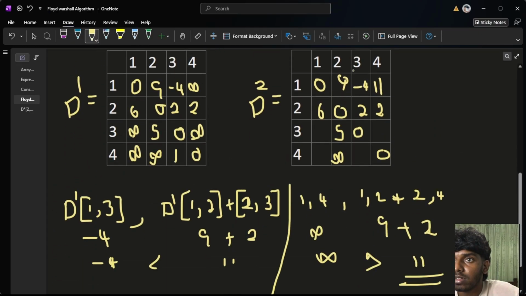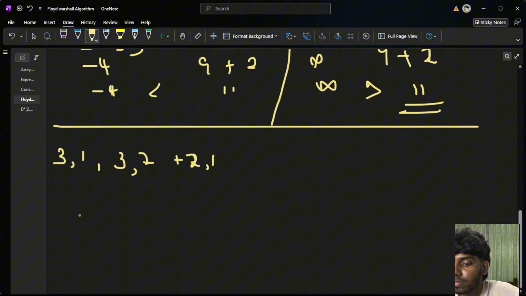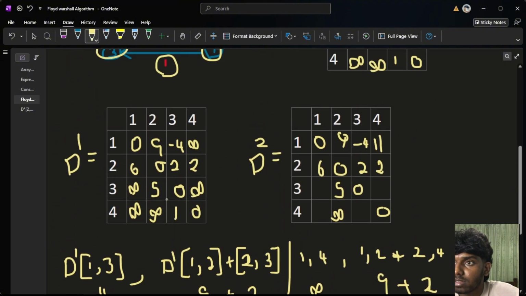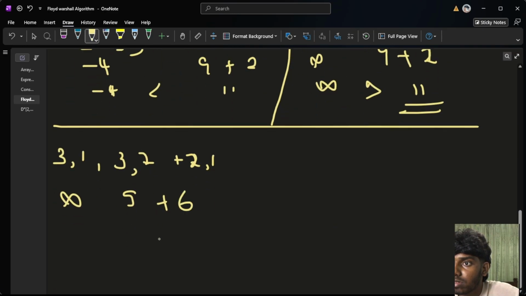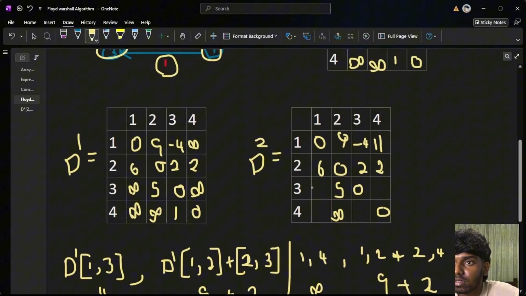The 3 to 1 would be infinity, and 3 to 2 would be 5, and then 2 to 1 would be 6, so it is 11, and the shortest one is the 11, so the 11 goes right here. And then the 3 to 4.